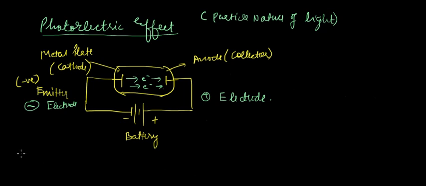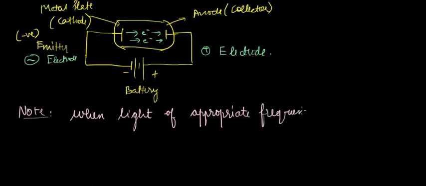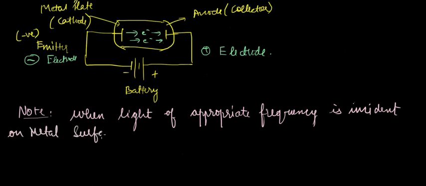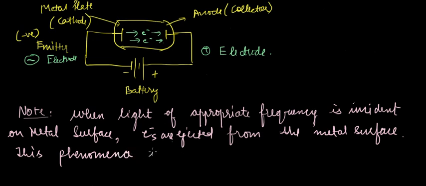Okay, so I'm just writing this line over again here, that when light of appropriate frequency is incident on a metal surface, electrons are ejected from the metal surface, and this phenomenon is called the photoelectric effect.